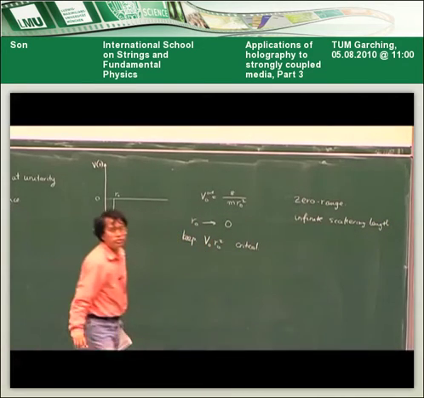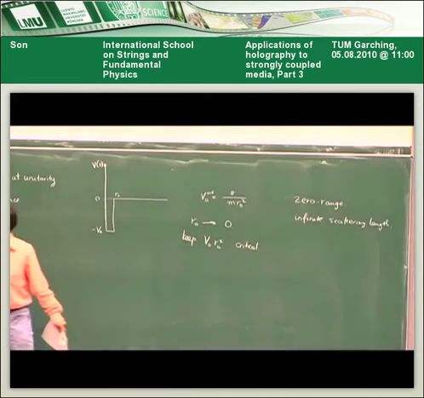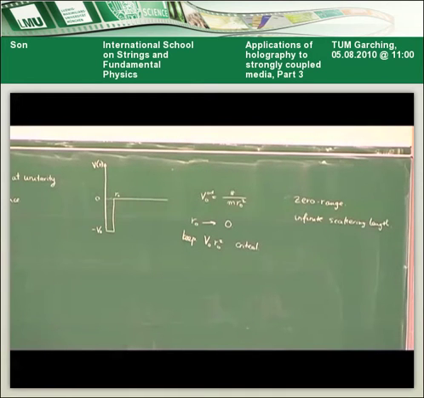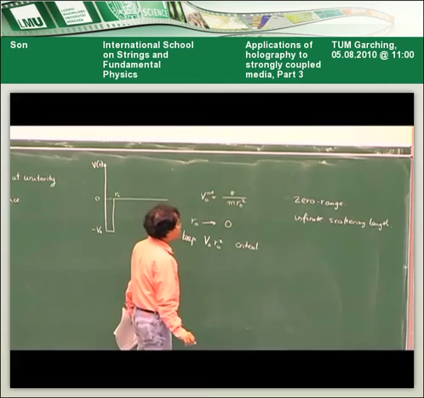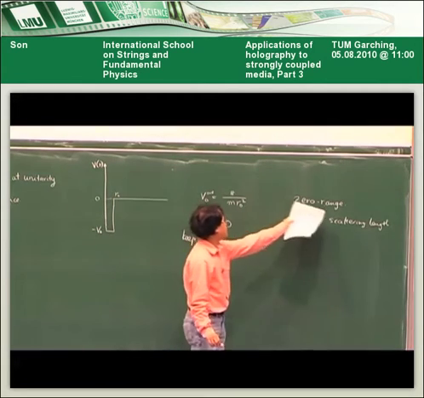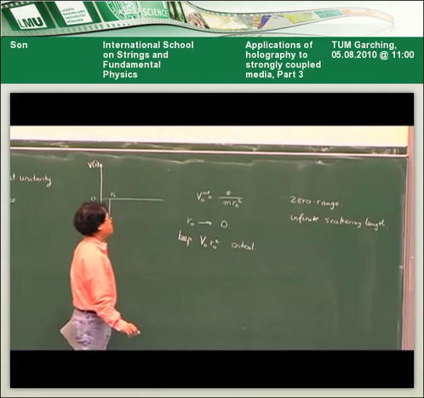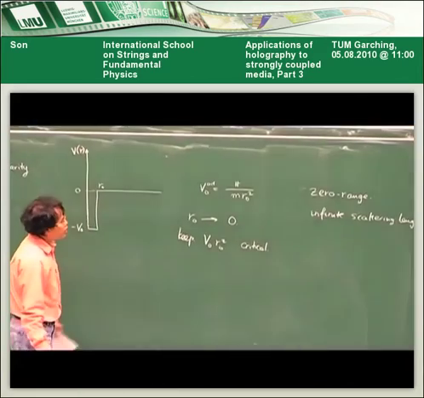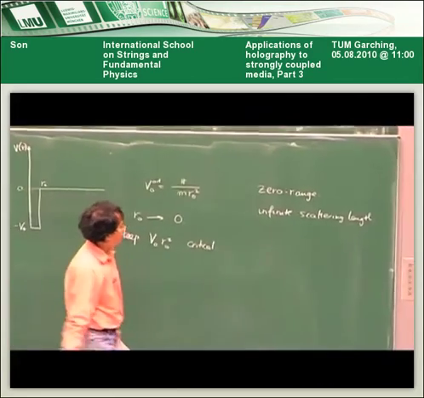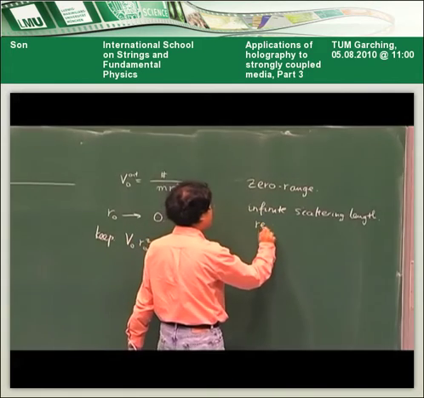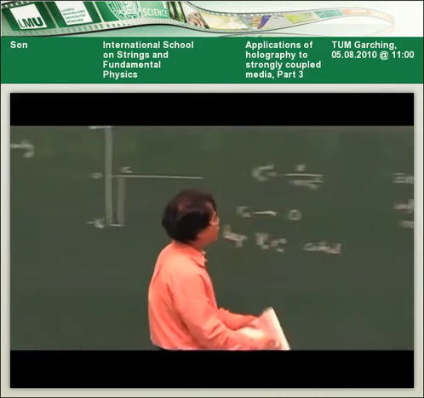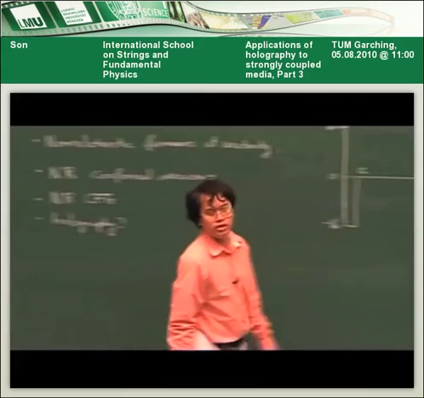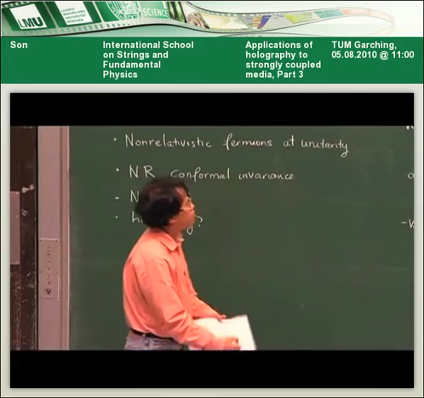I'm just going to introduce several terminology that is frequently used in this subject. Zero range means r naught going to 0. Infinite scattering length means resonance scattering, and we have a resonance at 0 energy. The bound state is at 0 energy. We have a resonance at 0 energy.